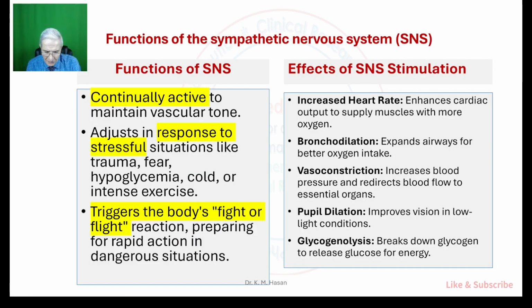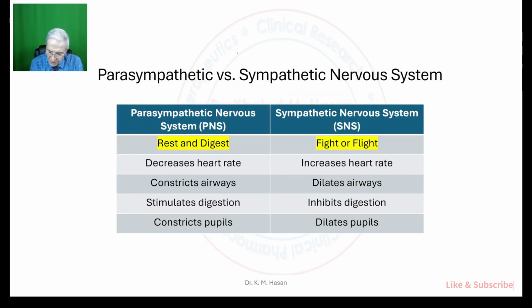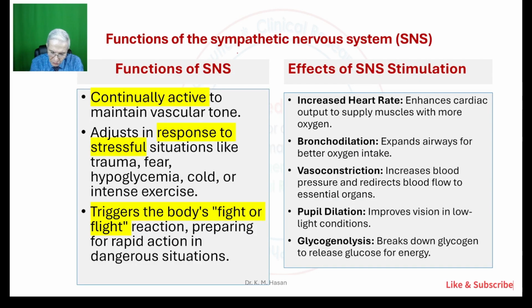Okay, in this slide we emphasize the function of the sympathetic nervous system. It's very important to know that the sympathetic nervous system is always and continually active. We need this system to be continually active in order to maintain vascular tone.